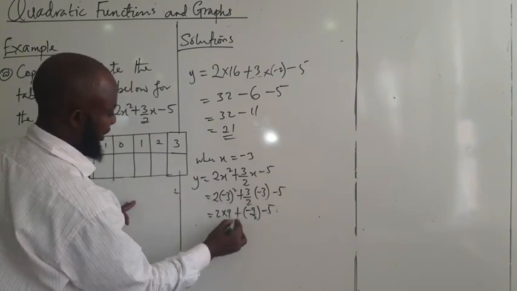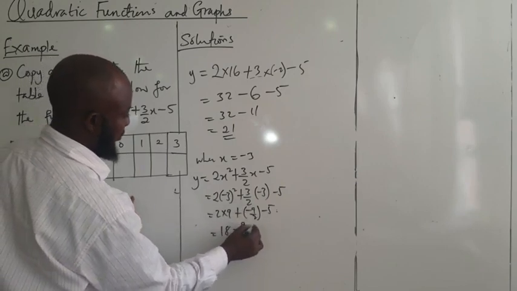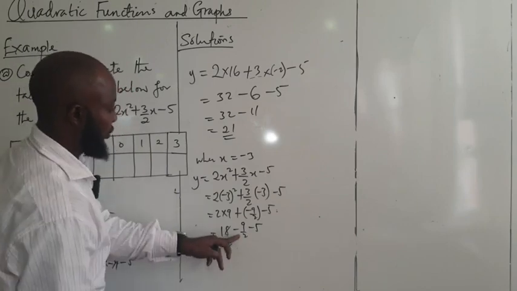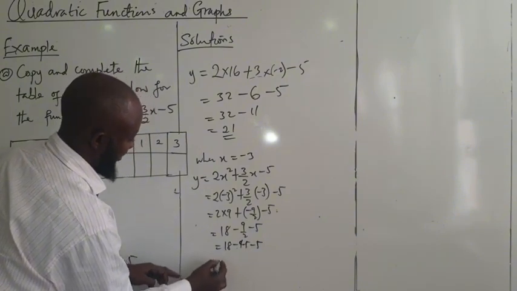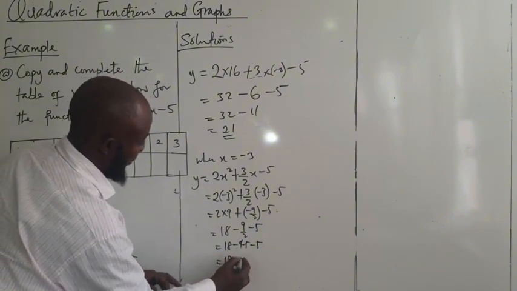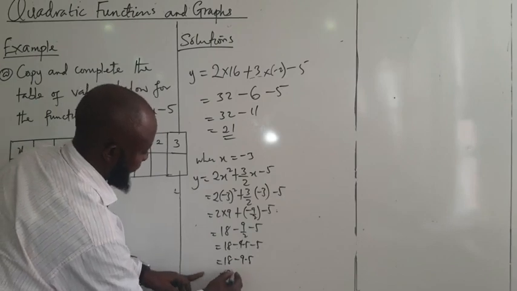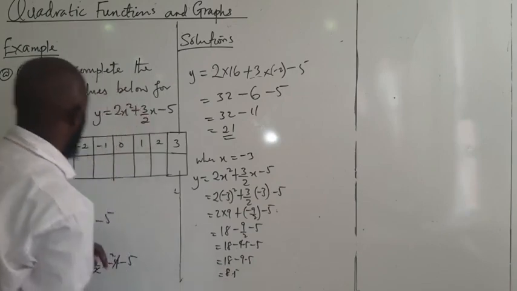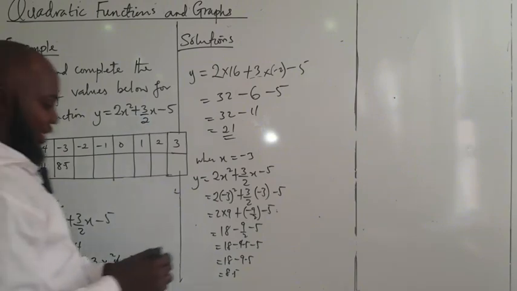This will give us 18, minus 9 over 2, which is minus 4.5, minus 5. So that means 18 minus 9.5. So that is 7.5. No, 8.5. So the value of y is 8.5. Am I making sense? So move to the next one.